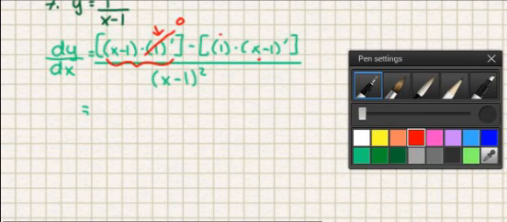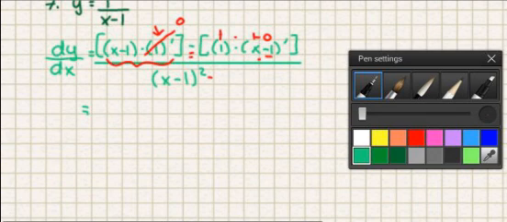So the derivative of x is just going to equal 1, and then the derivative of a constant is 0. So you'd have 1 minus 0 multiplied by 1. And don't forget the negative sign here. And then the denominator stays the same.